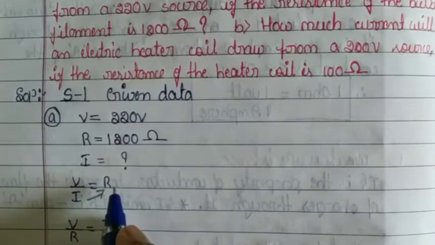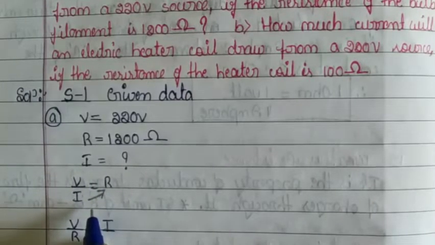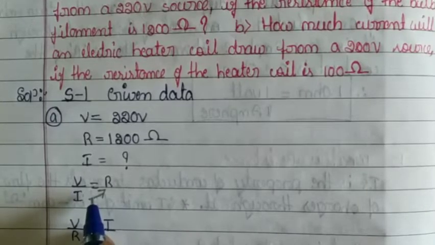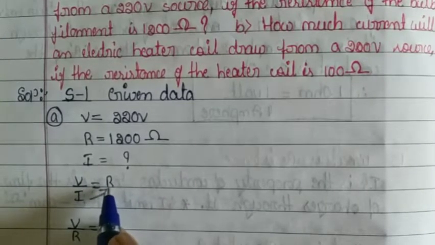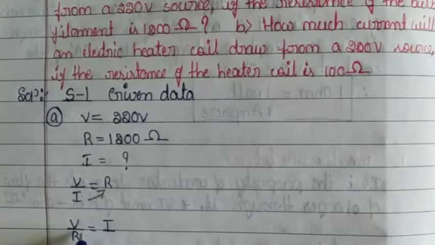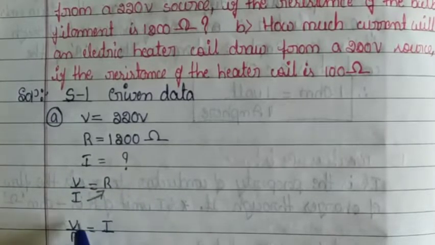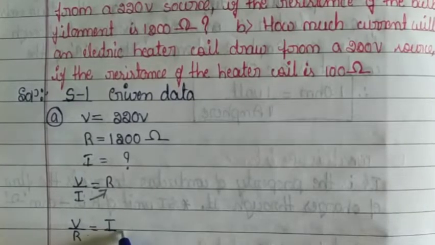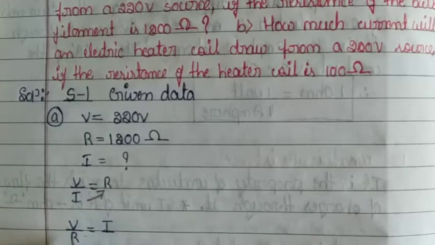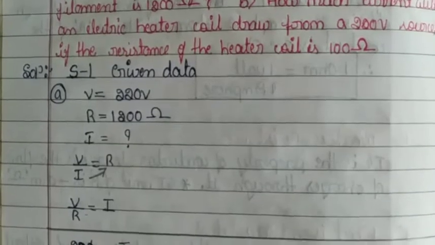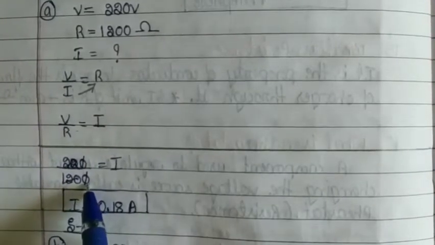Children, now write the mathematical expression of Ohm's law. Ohm's law states like this: V by I is equal to R. Do the cross multiplication. R comes to the denominator on the LHS, I comes to the RHS. The equation becomes V by R is equal to I. Now substitute the values of V and R. V is here 220 volts divided by 1200 ohms.